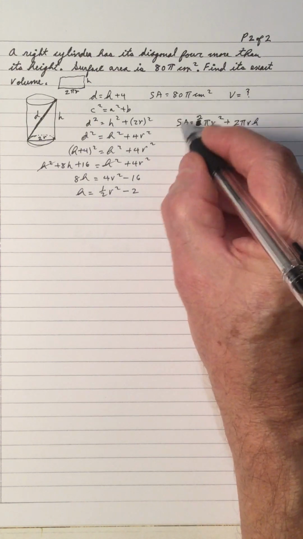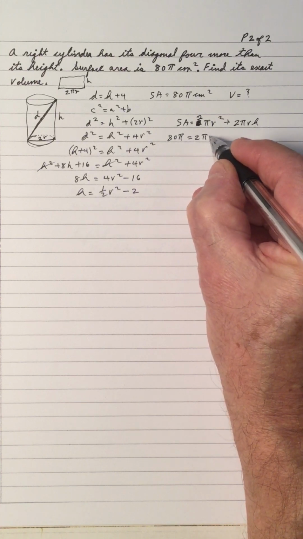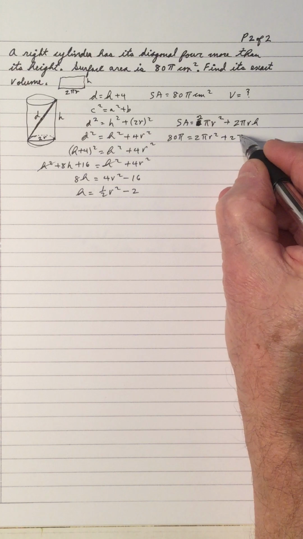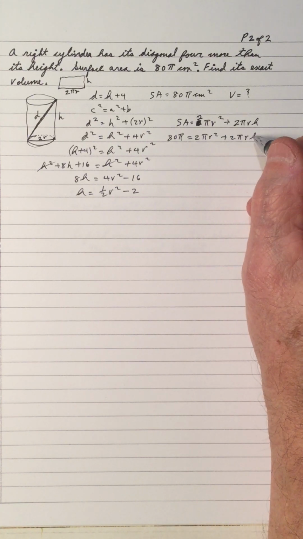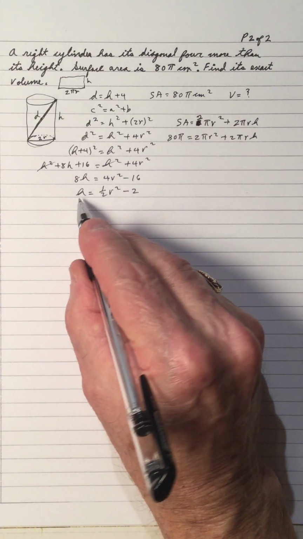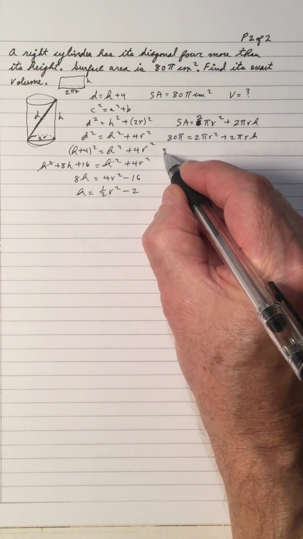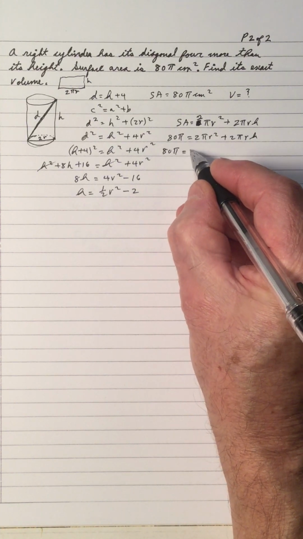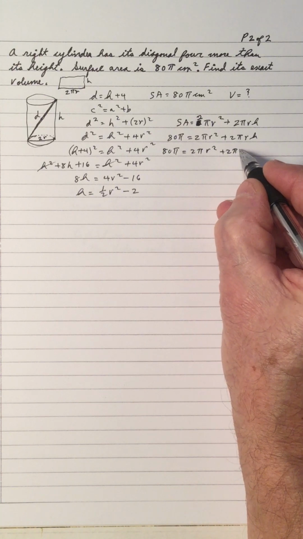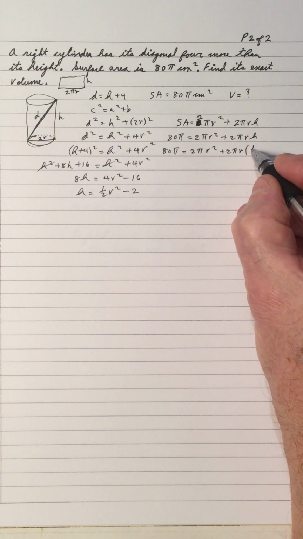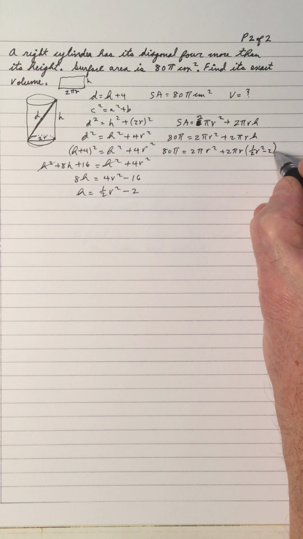But the surface area is 80 pi. So 80 pi equals 2 pi r squared plus 2 pi rh. Notice now we have r's and h's. So we take the h and replace it: 2 pi r squared plus 2 pi r times (1/2 r squared minus 2).